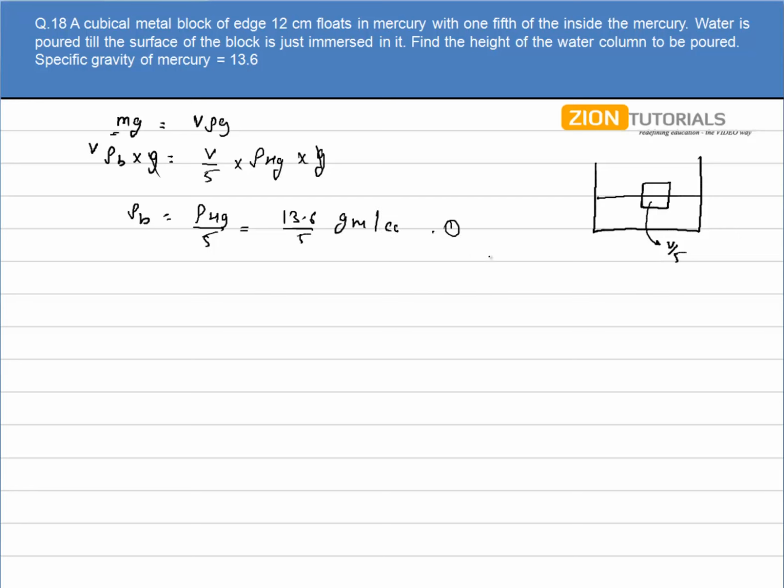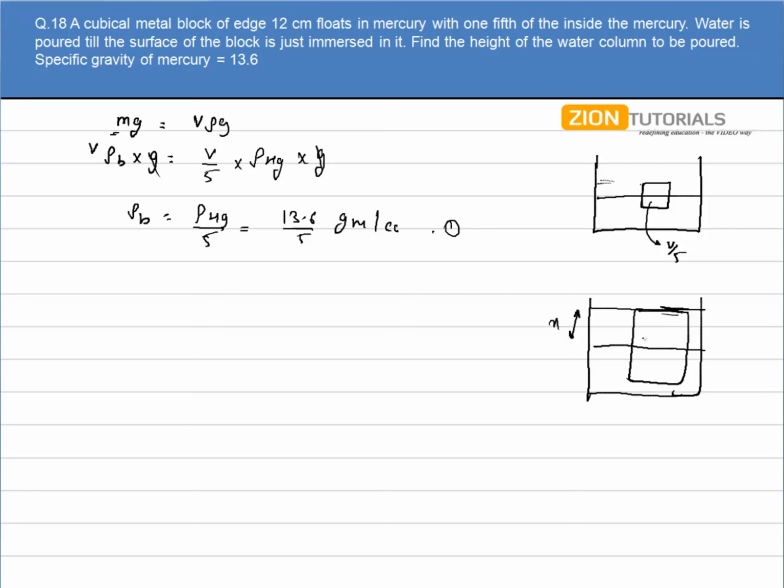Okay, now what is happening afterward is that water is poured into the container such that the upper surface of the block is just submerged. Alright, now let's say x height of water is poured in it, and this is the condition that the upper surface is just touching the water surface.